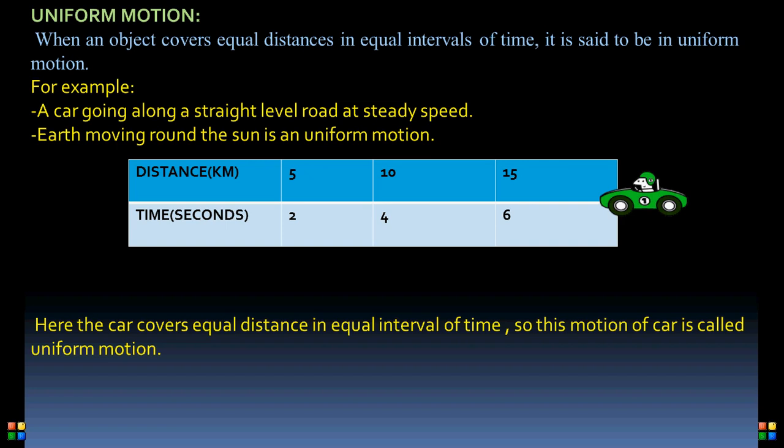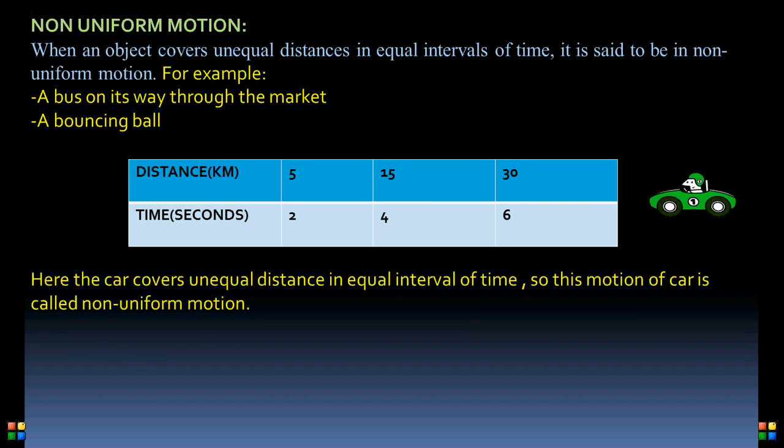Now we talk about non-uniform motion. It is quite clear from the term that non-uniform motion means that the motion of the object is not uniform. As you can see here, the car travels 5 km in the first 2 seconds. In another 2 seconds it covers 10 kilometers.